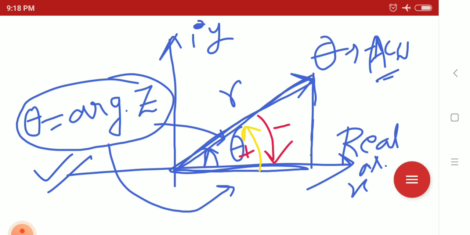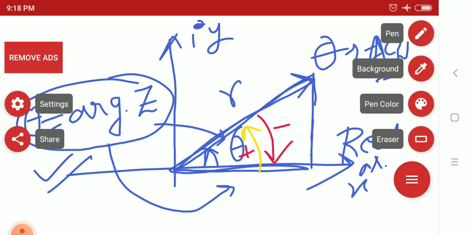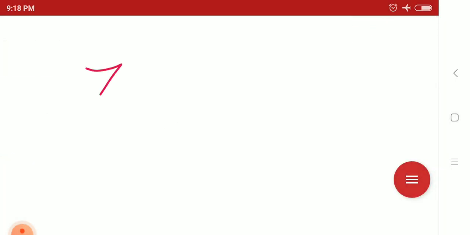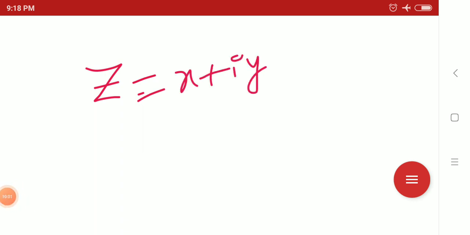Now, this is a complex number in the Cartesian plane, and we have come to know that z equals x plus iota y. So z can also be written as r e to the power iota theta.